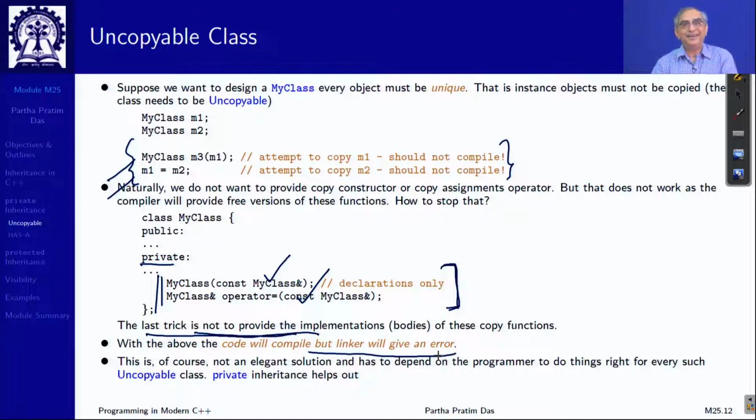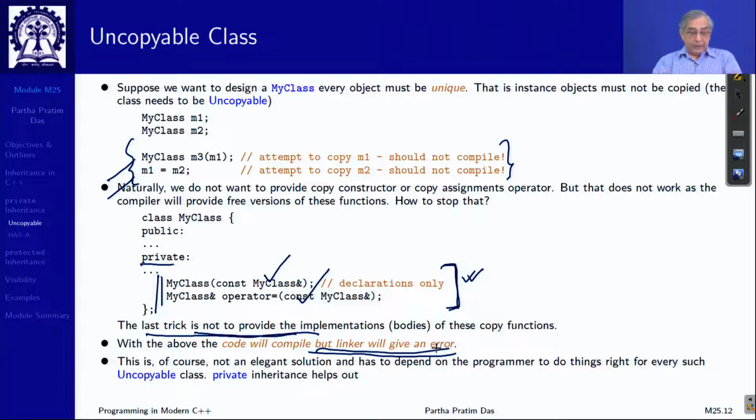The linker will give you an error, because it did not find the linkable implementation of this function. Mind you, a linker does not bother about not finding the implementation of a function which you have never called. So, in general the linker will not shout. But if a member function of my class happens to attempt to make a copy either by construction or by assignment, then the linker needs a body for it, and the linker will shout.